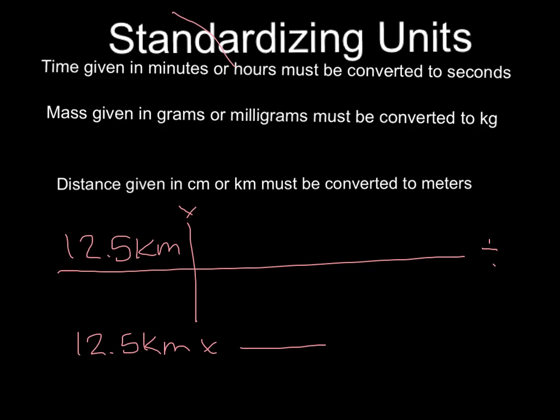So we know that 1 kilometer, okay, so the 1 is always going to go with the number with the prefix. 1 kilometer is 10 to the third, because kilo means 10 to the third, 10 to the third meters, so that's going to give us 12,500 meters. So that was easy enough, right? We don't have to worry about that too much.